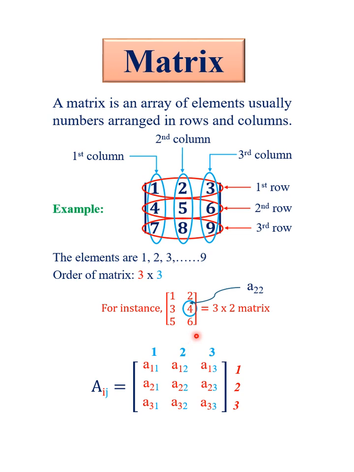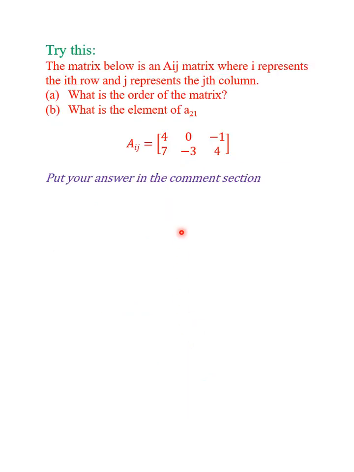Now that we've identified this, please try this. The matrix below is an Aij matrix where i represents the ith row and j represents the jth column. This is the matrix we're talking about. The first question here says, what is the order of the matrix? And secondly, what is the element of a21?